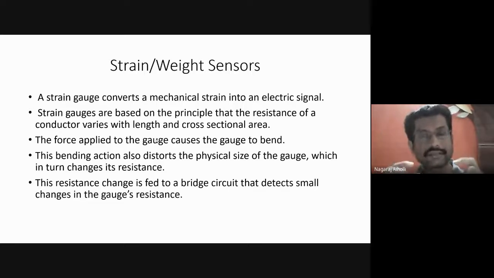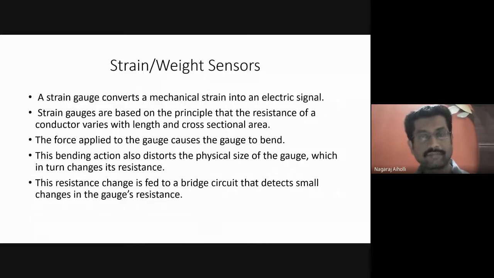Initially the resistance values in all four arms of the diamond-shaped setup are such that the output voltage is zero. It is null. It's called the balanced condition.